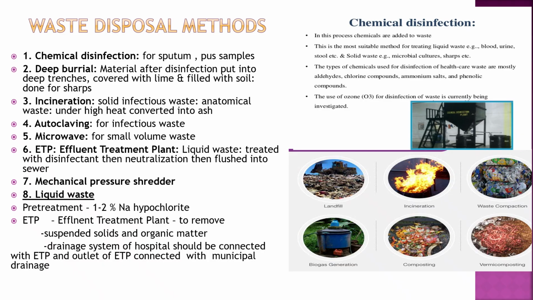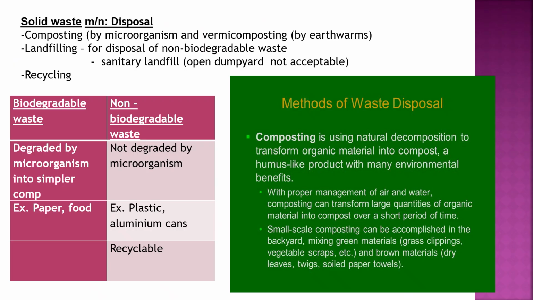For liquid waste, pre-treatment should be done using 1 to 2% sodium hypochlorite, and then the ETP plant removes suspended solids and organic matter. The drainage system of the hospital should be connected with the ETP, and the outlet of the ETP connected with the municipal drainage. So these are the disposal methods. Now solid waste management: composting by microorganisms, vermicomposting by earthworms, or landfilling for disposal of non-biodegradable waste.